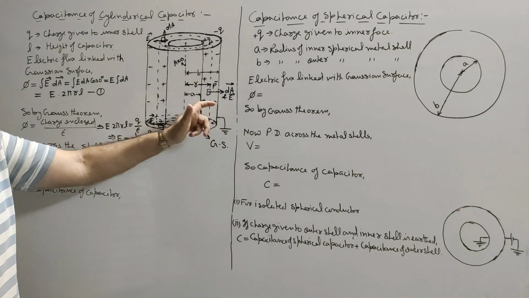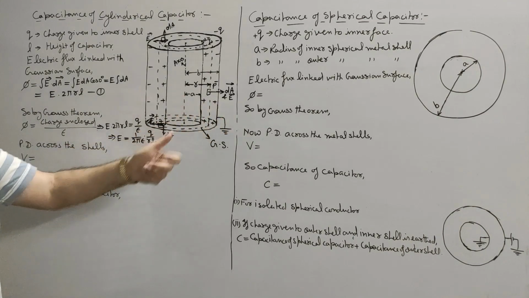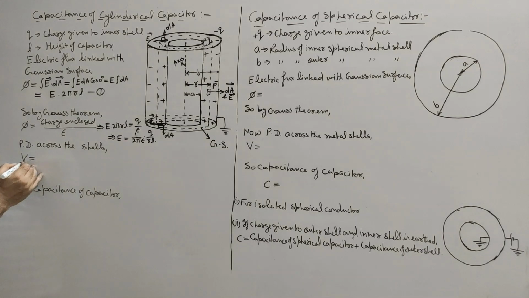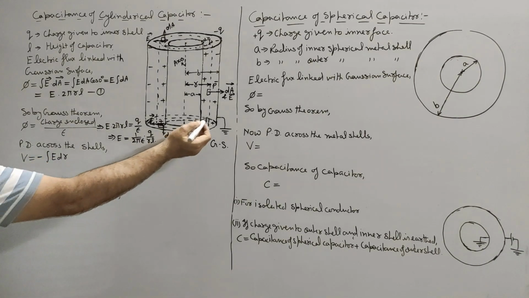Now potential difference across the shells of the capacitor can be obtained by integrating electric field from outer shell to inner shell, that is from B to A. So V is equal to minus integral E dr, and integration will start from outer shell.